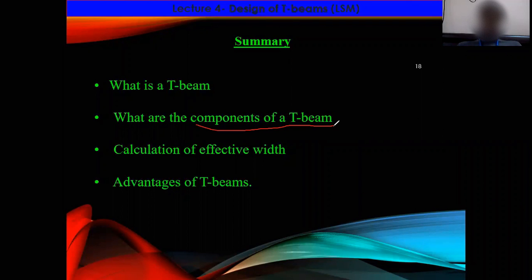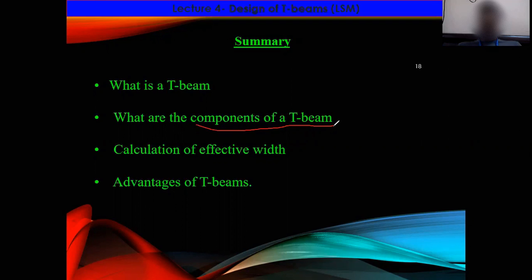We discussed how to determine this effective width of the flange as per IS 456:2000 for normal T-beams and L-beams. There are different formulas to determine the effective width of the flange, and similarly for isolated T-beams and isolated L-beams, some formulas are given to determine the effective width of the flange.